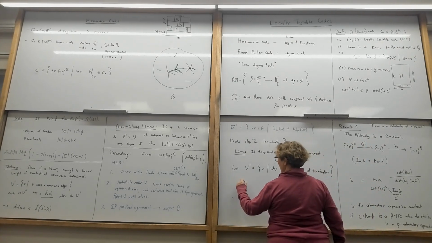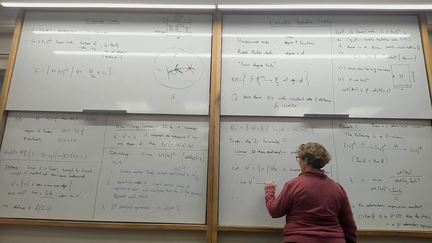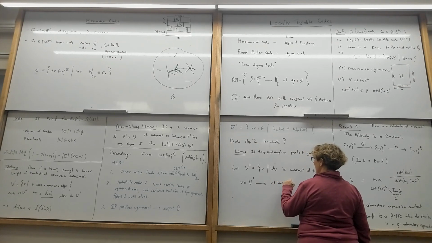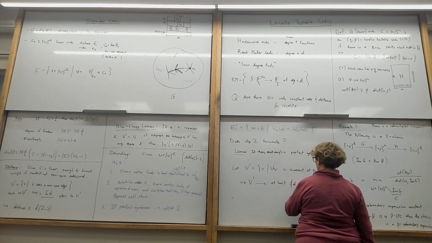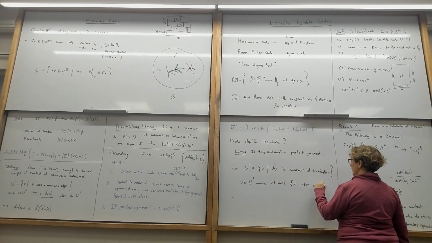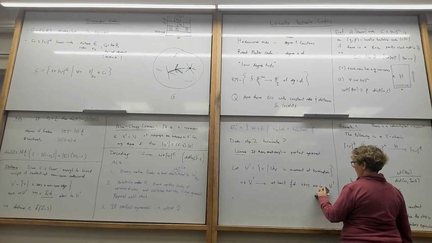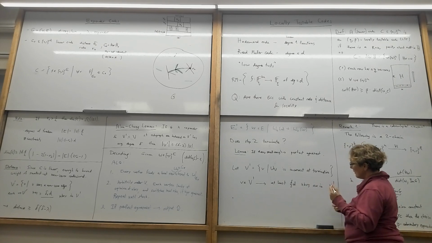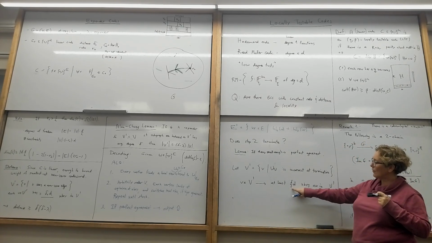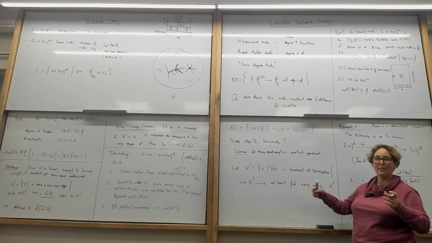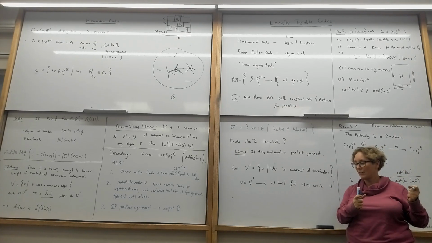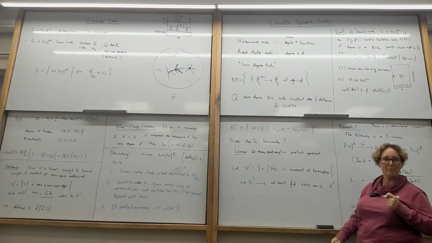So I'm saying, if V is in V prime, then at least delta over 2 neighbors are in V prime. Because this argument is also true if fewer than delta over 2 were incorrect, because then there's only a unique code word that's closest to V, and it would be the correct one.